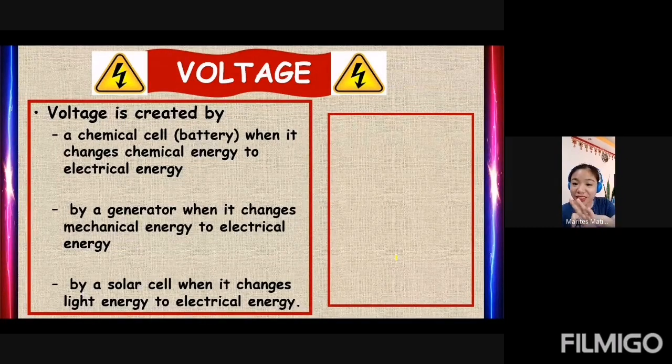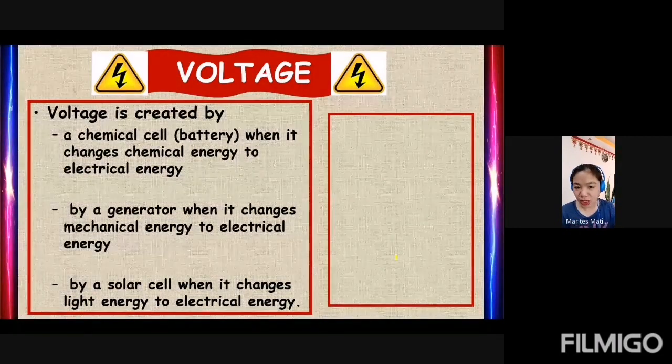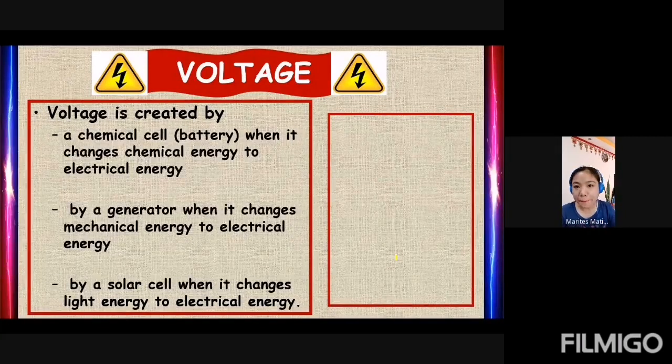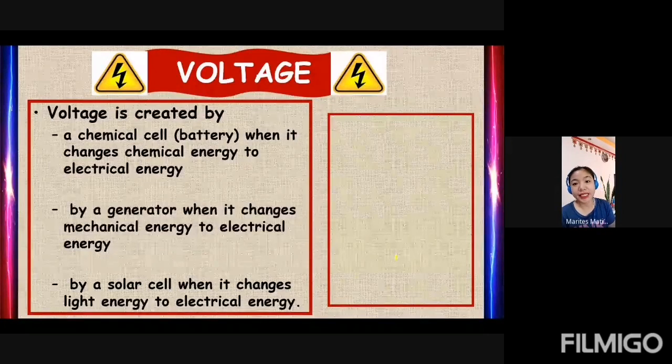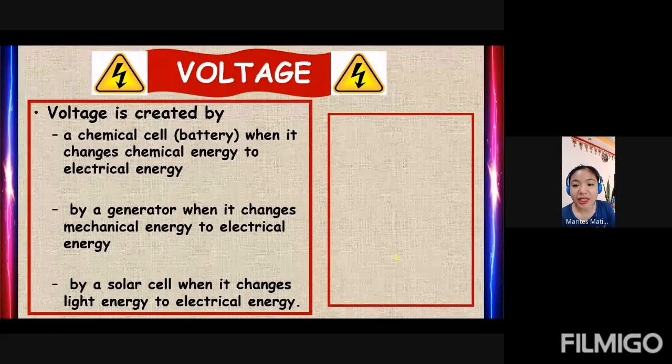Okay, may ika-third pa tayo. Through solar cell. Yung marami nang gumagamit sa atin dyan, yung mga solar panel, solar cell na sinasabi nila. It changes naman light energy to electrical energy. So those are the examples on how voltage is created. It depends on the energy transformation.